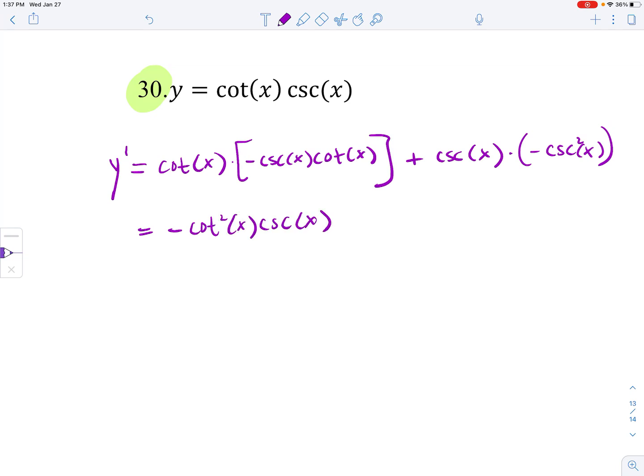And then just simplifying, that's going to be negative cotangent squared times cosecant minus cosecant cubed.